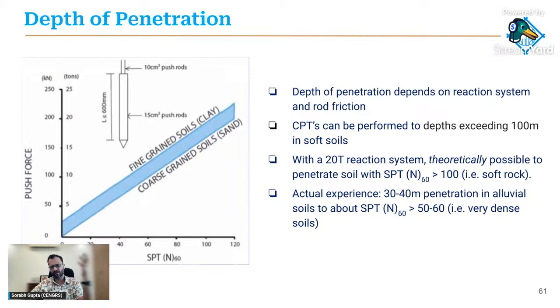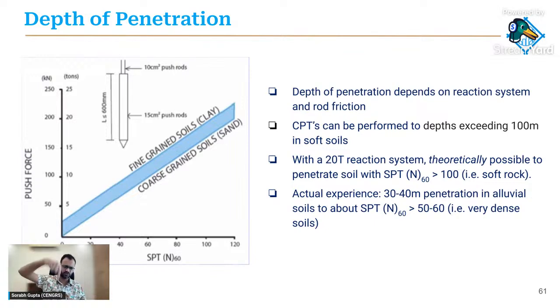We talk about depth of penetration. I want to clarify this. There is no way to predict the depth to which a CPT would go at any given location, because the depth to which a CPT can push really depends on what is the ground type.